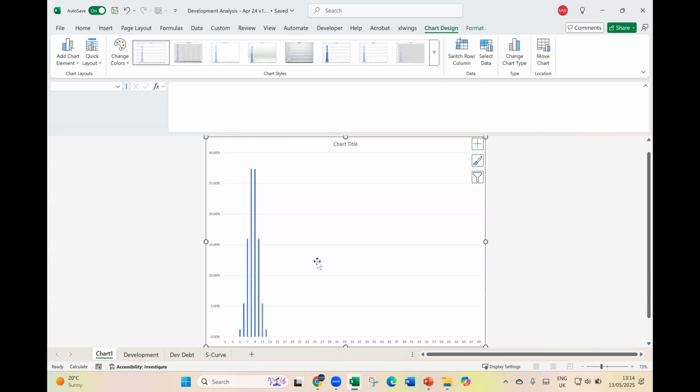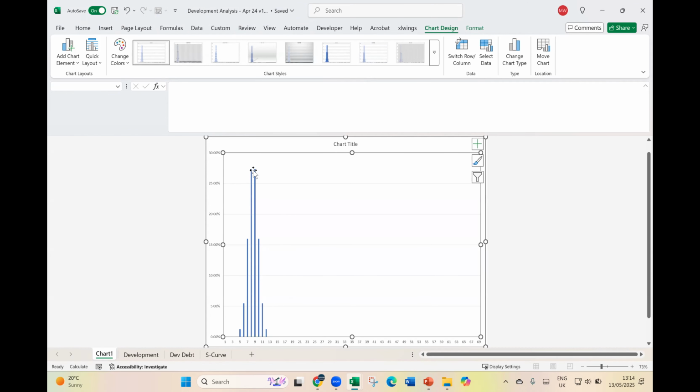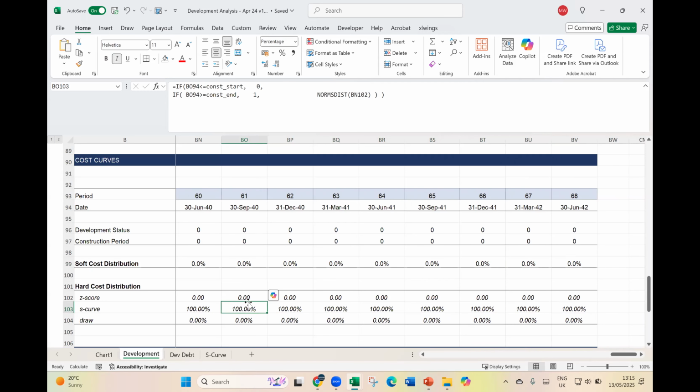It's just that this is where your construction costs are, so it goes slowly. Let me just make here. I think yeah, this is fine. And then it just goes up and then goes down again. It's just that the rest of the periods here are for when you have exited the development already.